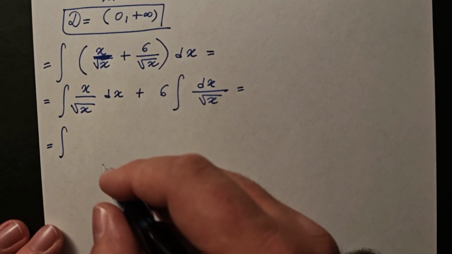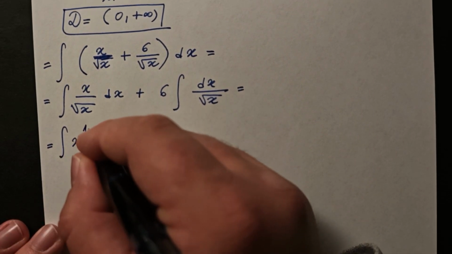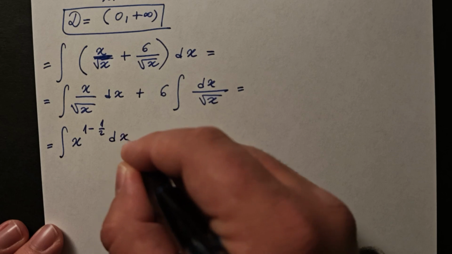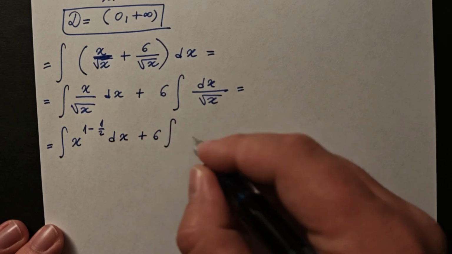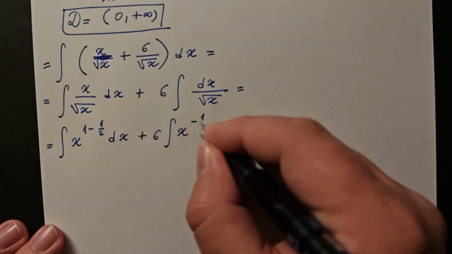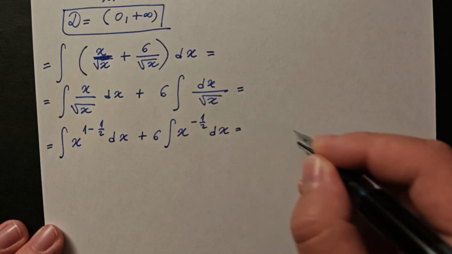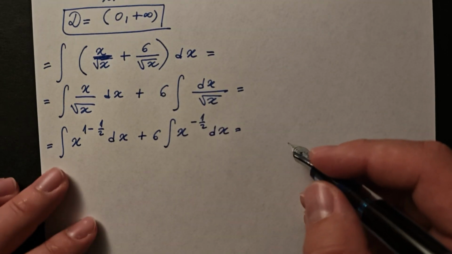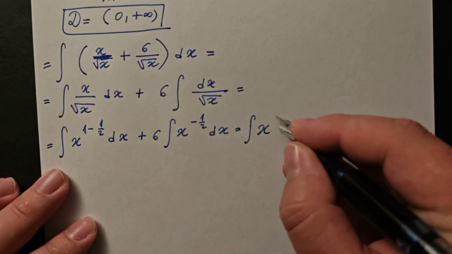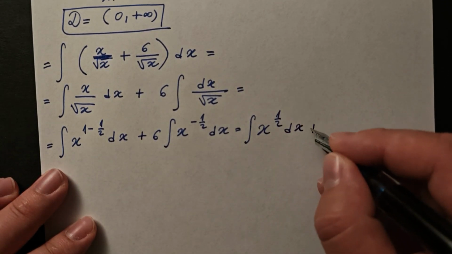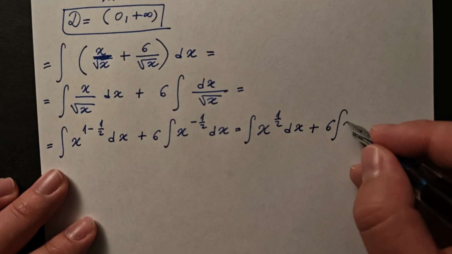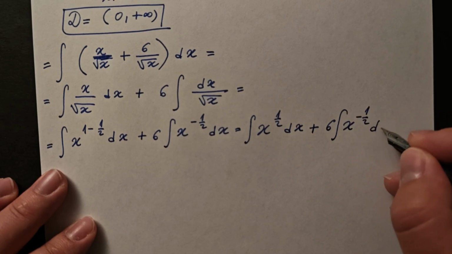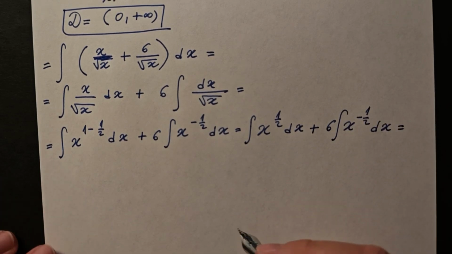This is an integral of x to the power of 1 minus 1/2 dx plus 6 integrals of x to the power negative 1/2 dx. This is equal to an integral of x to the power of 1/2 dx plus 6 integrals of x to the power negative 1/2 dx.